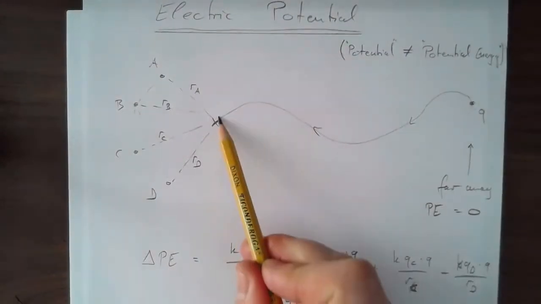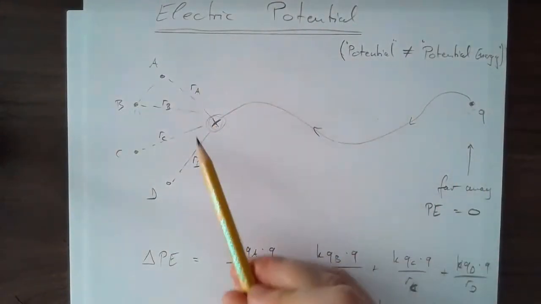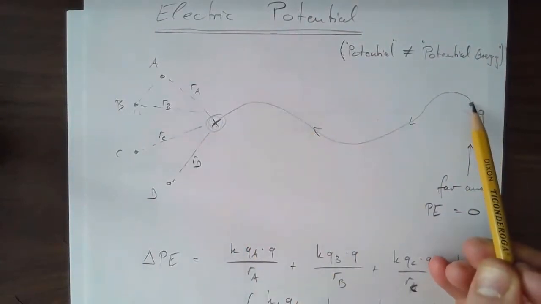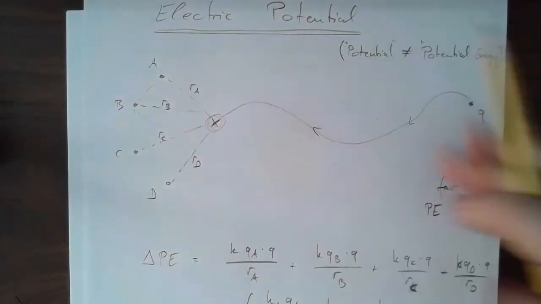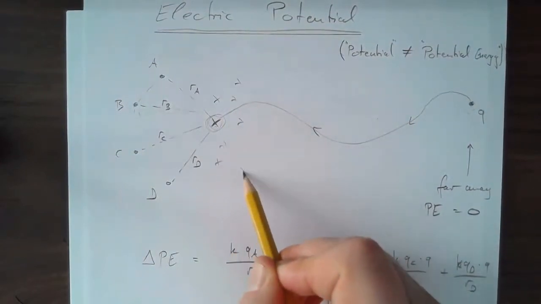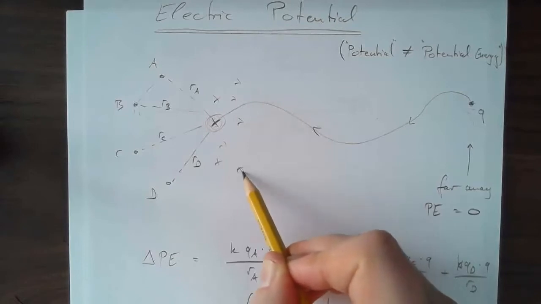So in my example from before, the potential at this point is defined whether or not I actually move a charge there. If I move a charge there, I can calculate the potential energy that has been gained or lost. But without actually doing this, you can imagine at any point I can pick, there's a well-defined potential. What would be the potential energy gained if I brought a new charge to this point?